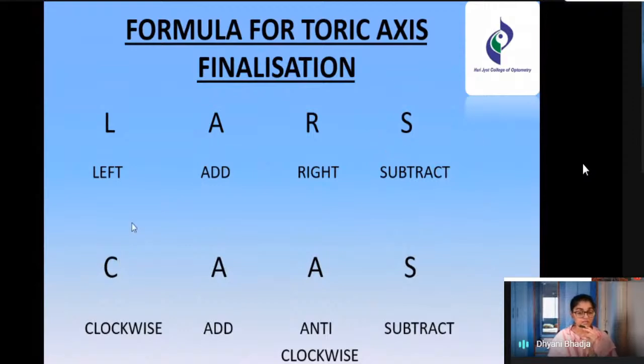Similarly, if the axis rotates clockwise, we add the amount of rotation to the spectacle axis, and if the axis rotates anti-clockwise, we subtract the amount of rotation from the spectacle axis. Do not make any change in the trial lens axis. Remember this.